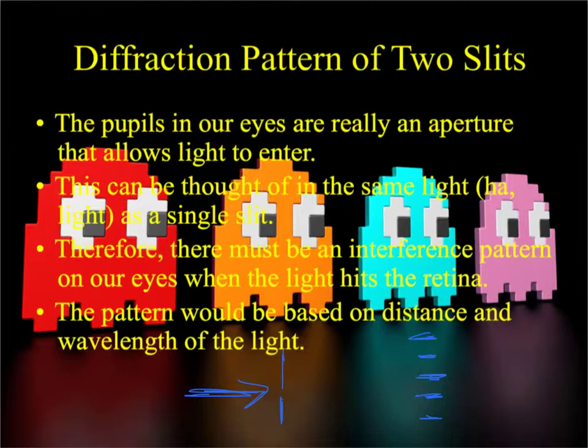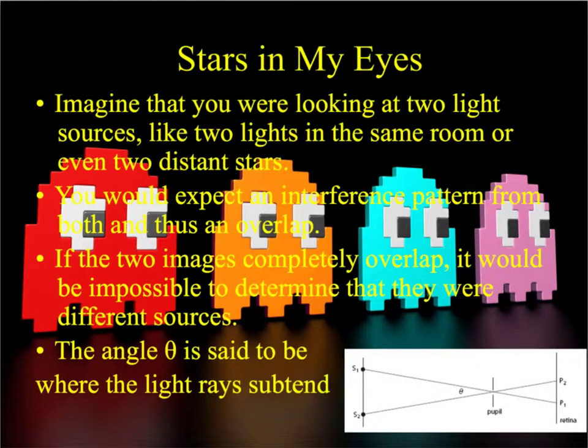Well, the same thing happens because our eyeballs are essentially slits. Light enters them, and when it enters them, it actually diffracts, and so you get diffraction patterns on the backs of your eyes.